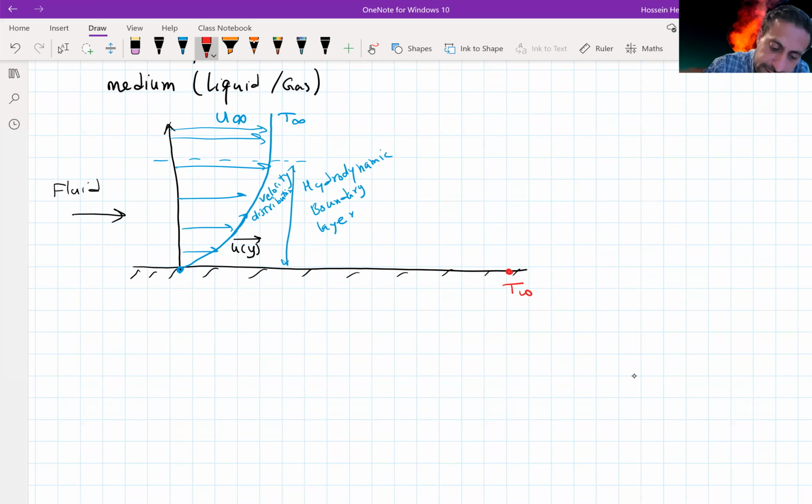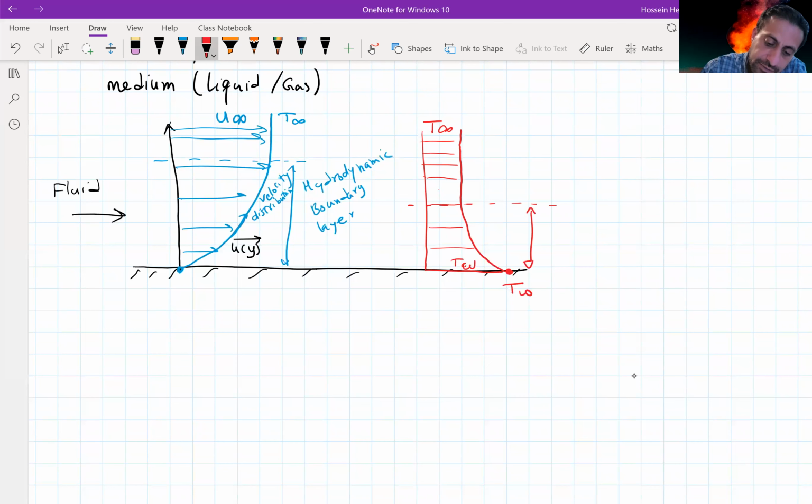Then we are going to see a decrease from the wall till we reach that one. So if I show the magnitude of this temperature, this is going to be T wall. And then we are going to have a decrease in the temperature till we reach the temperature of the fluid, which is T infinity. And then at some certain point, it doesn't move.